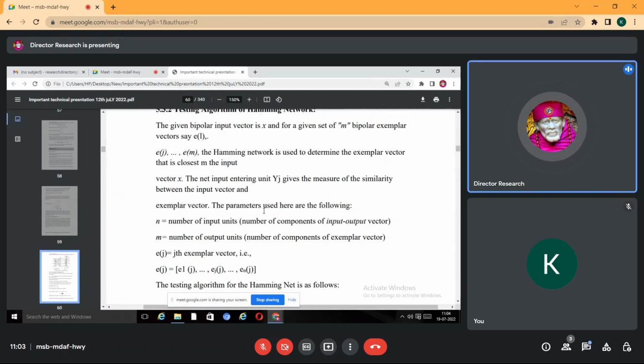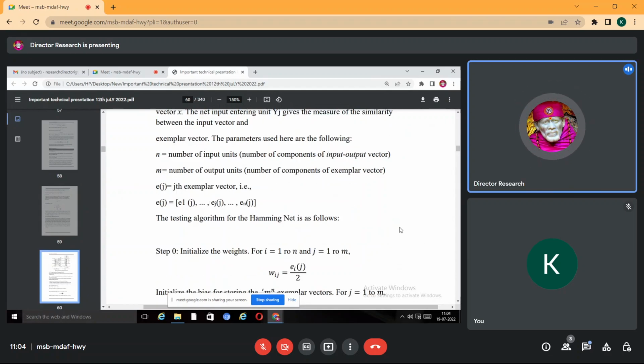The net input entering y_j gives the measure of similarity between the input vector and the exemplar vector. The parameters used here are the following: n is the number of input units, the number of components of the input and output vector; m is the number of output units, the number of components of the exemplar vector; e(j) is the jth exemplar vector, e(j) = e1(j), ..., ei(j), ..., en(j).